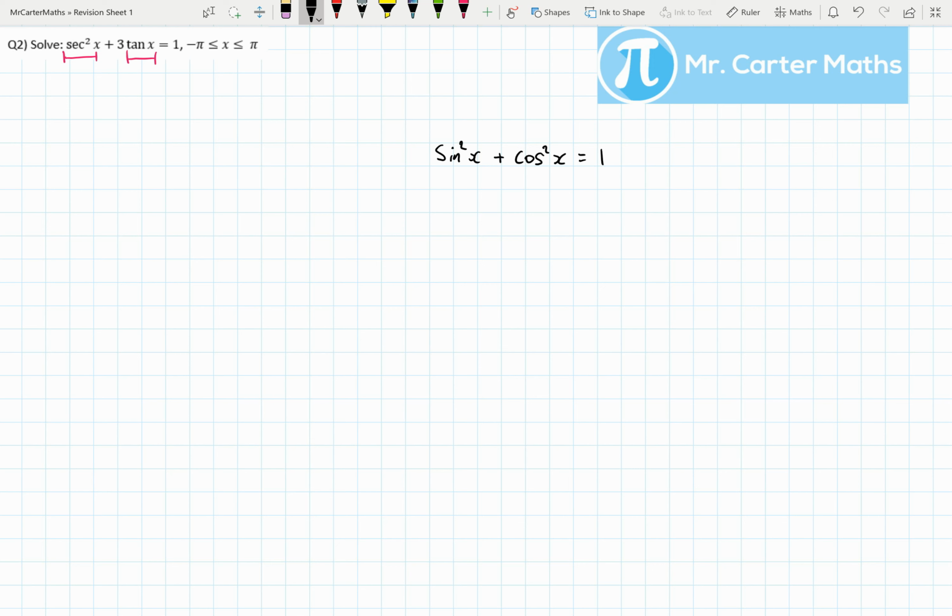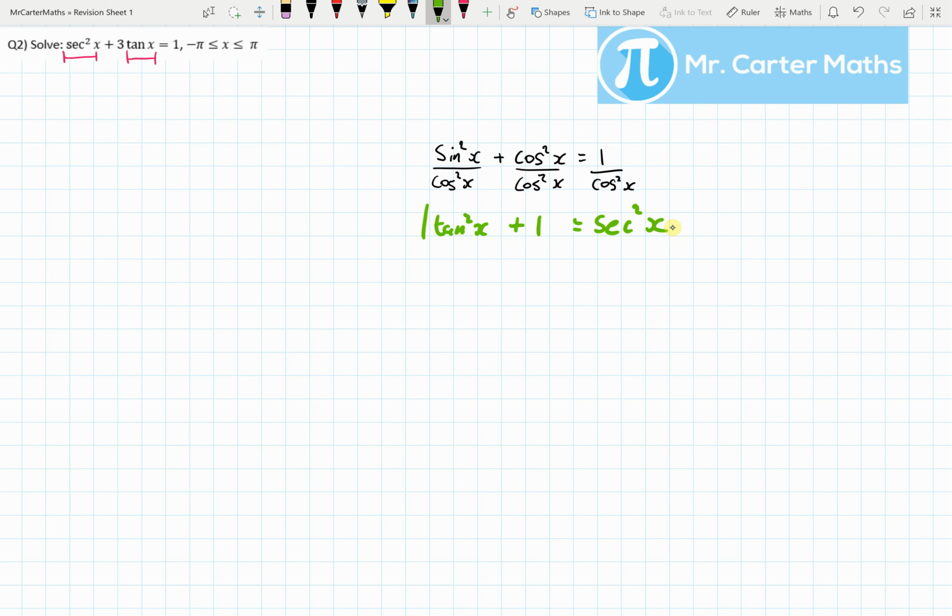Sec is 1 over cos, so I'm going to think about dividing all of these by cos squared. Cos squared x as my denominator on all three terms, dividing 3 by cos squared x. Simplifying that gives me sine over cos is tan squared x, cos over cos is 1, and 1 over cos is sec squared x.